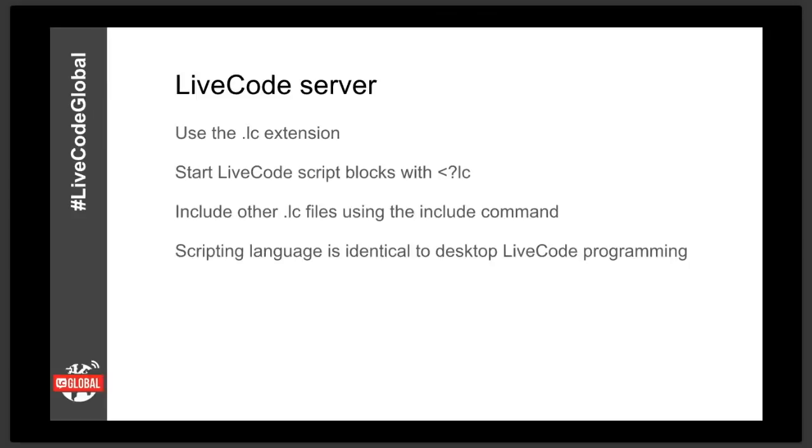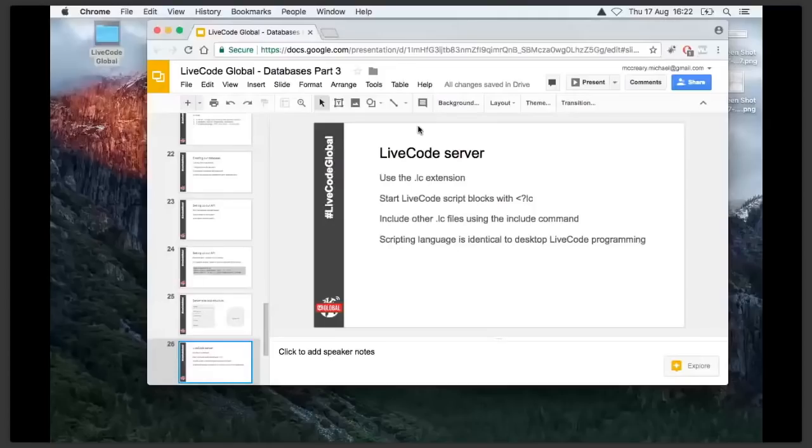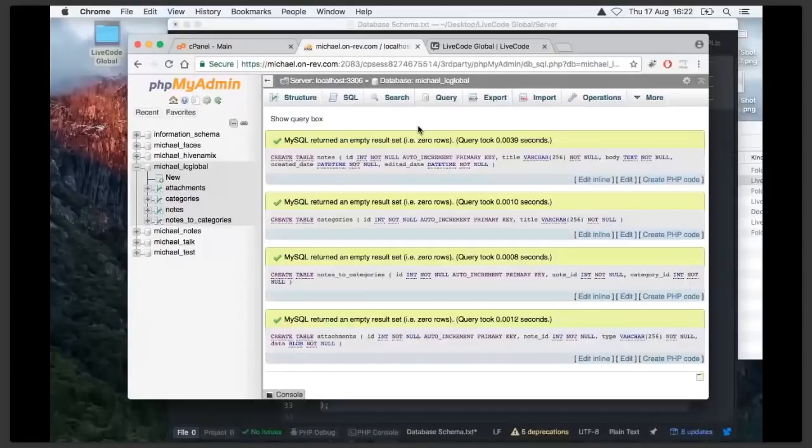You can include subscripts, or essentially our library scripts, using the include command. So that allows us to include our data layer and our database library just using include. And the scripting language is absolutely identical to the LiveCode desktop programming language, which is a great bonus for us because it means we have to do very little to get our client app, our local app, up into the cloud.